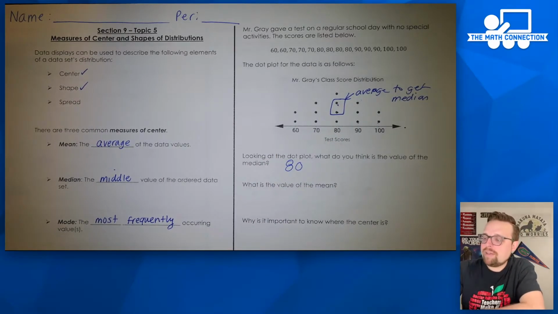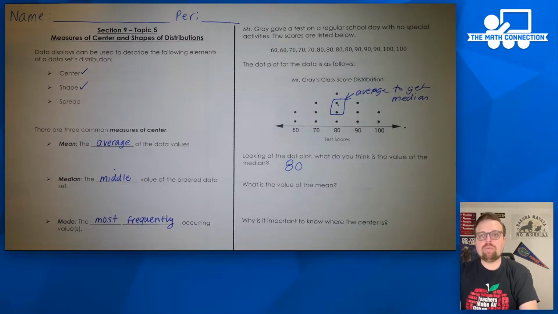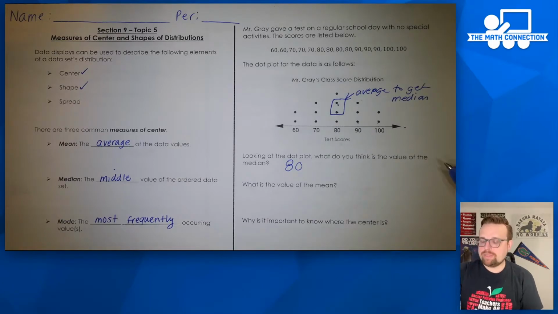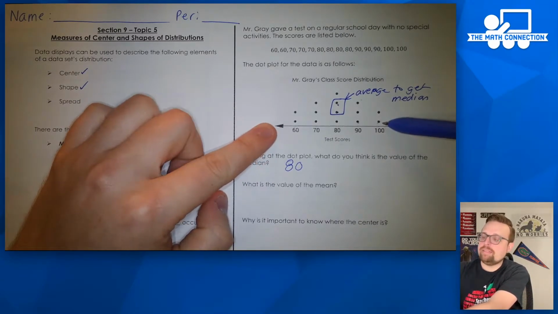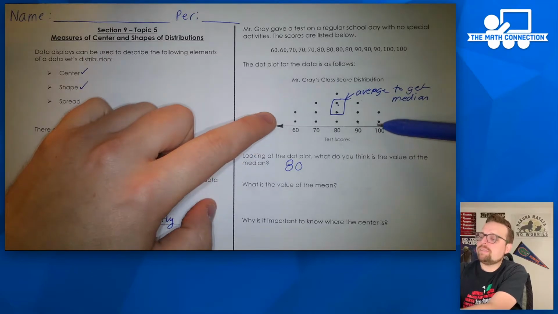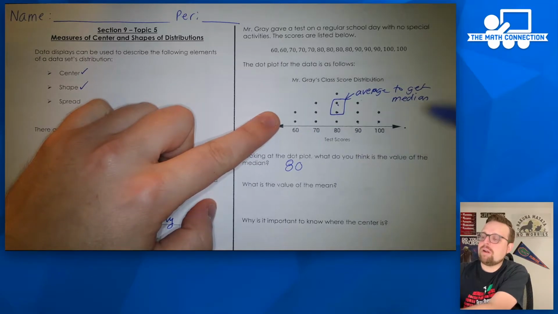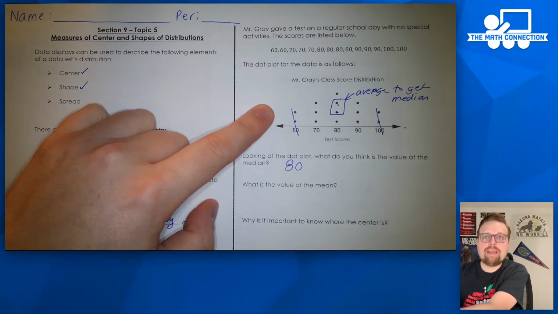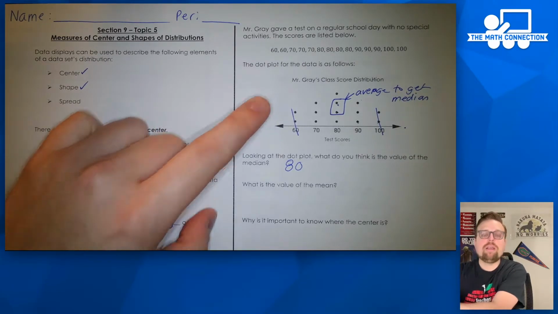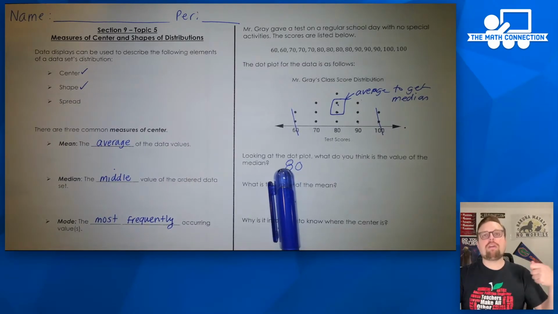And then what is the value of the mean? Well, if you added up all the data points individually one by one and then divided, you would be finding the mean. Another way you can do this is to look at the dot plot and decide that since there's the same number of 60s as there are 100s, we can cross those out because they won't affect our average; they cancel each other out in terms of how far away they are from the middle.